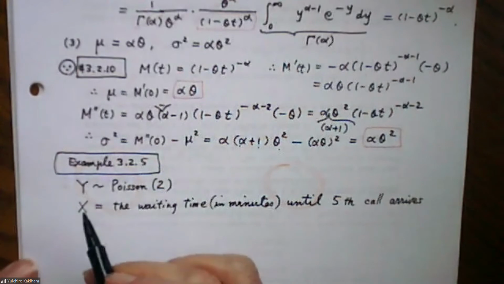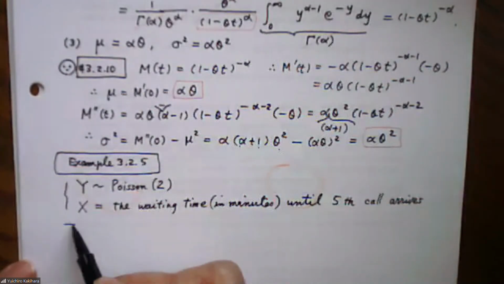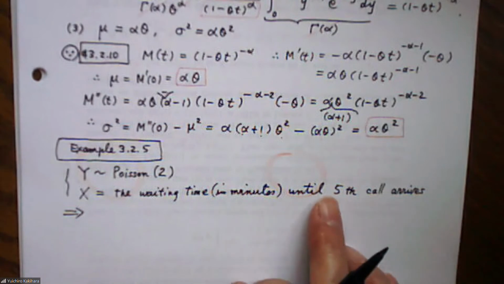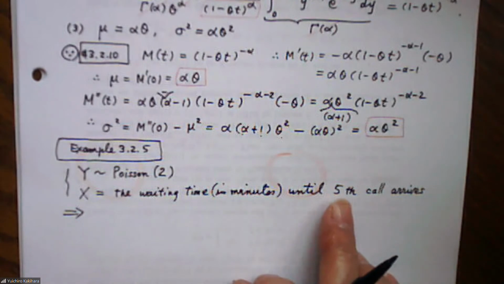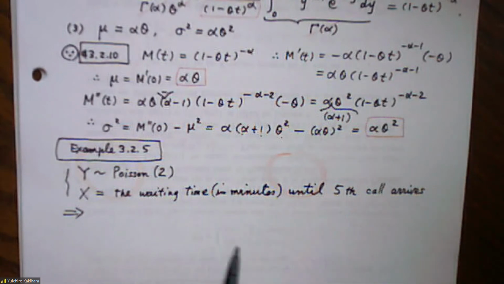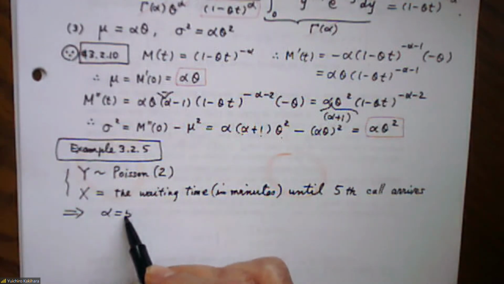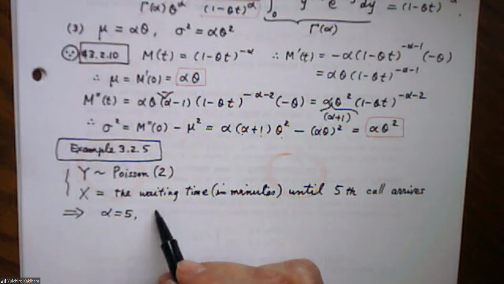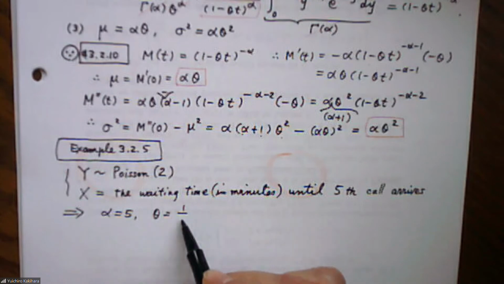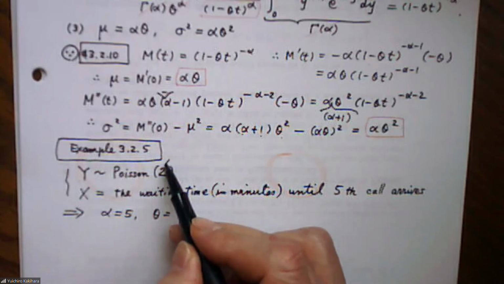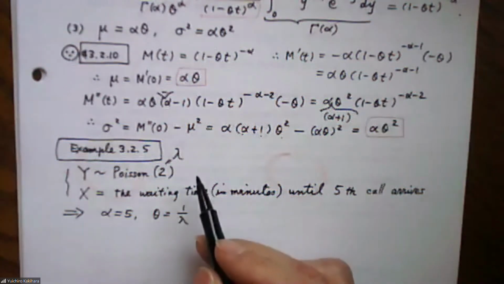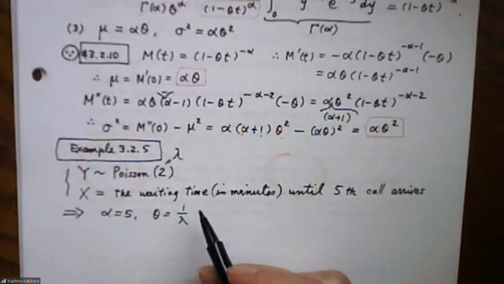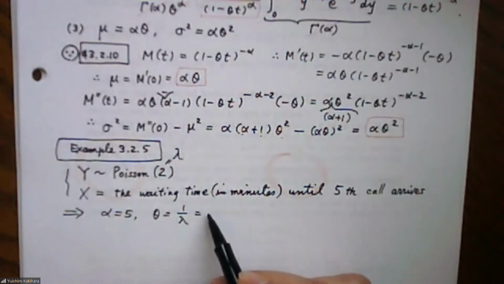In this case, alpha is equal to 5. And theta is 1 over lambda, where lambda is 2, and theta is its reciprocal, so that's going to be 1/2.